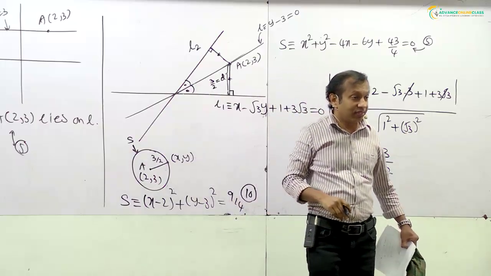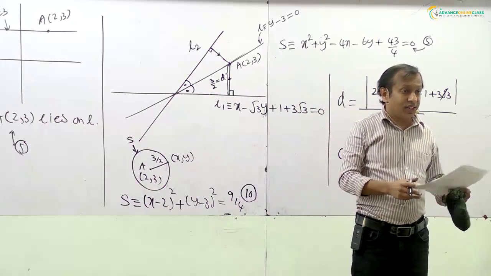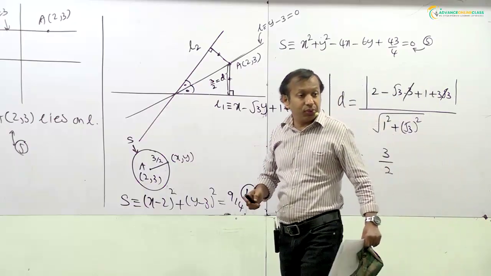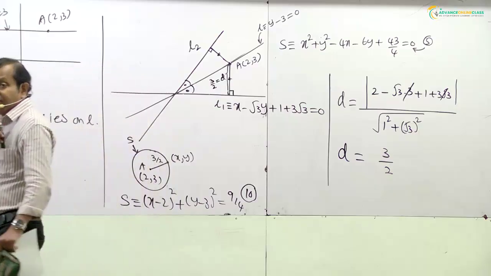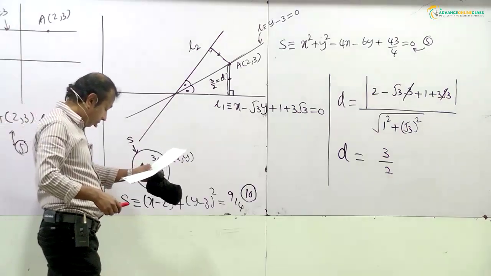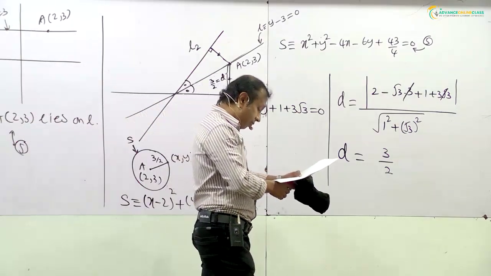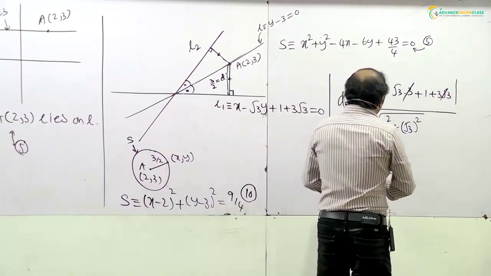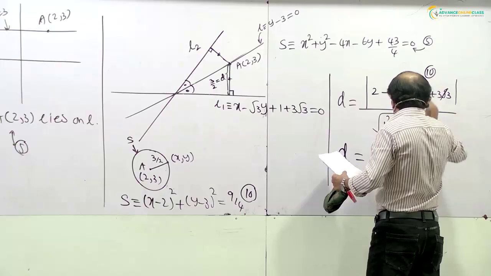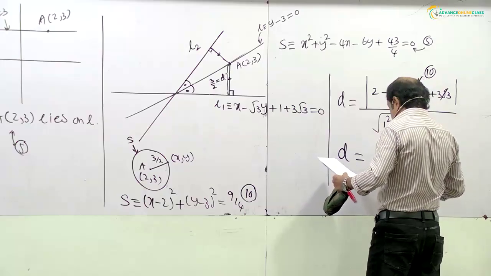So clear? Circle S should touch what? Both lines L1 and L2. Yes or no? S should touch both lines L1 and L2. Yes, for this, you get 10 marks. And this is 5 marks.